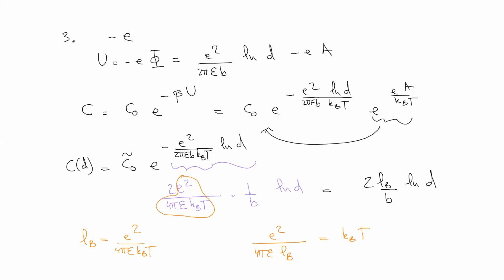So I can now introduce a quantity that I call psi. That will be the control parameter of my problem, the ratio of those two only important length scales. And therefore, I can say that the concentration profile at a certain distance d, apart from a constant prefactor, is exponential minus 2 psi log of the distance, which is equivalent to saying that it's the distance to the power minus 2 psi.